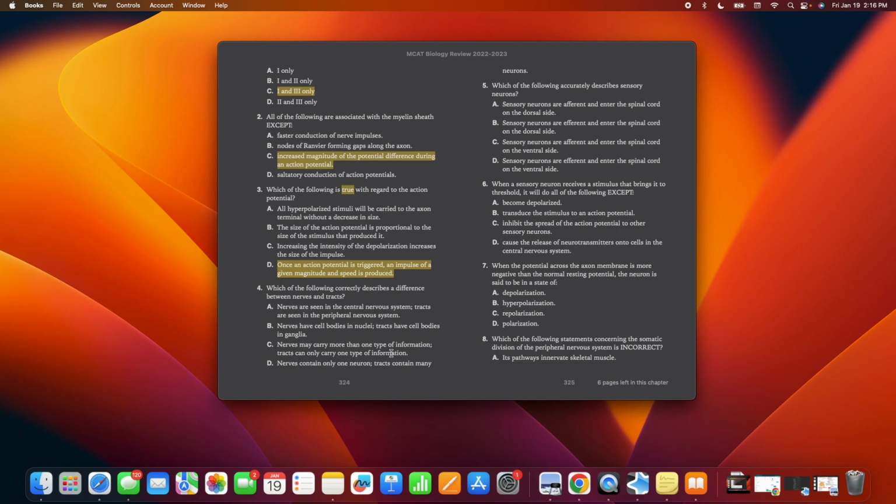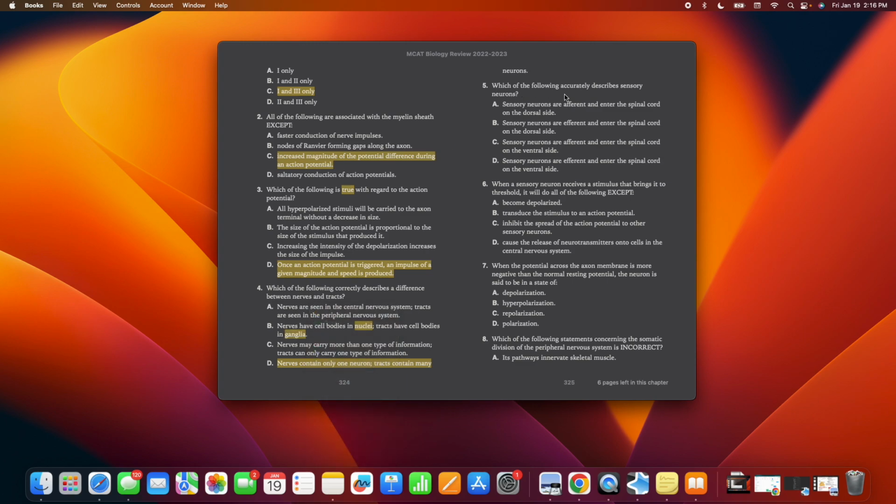I think it's also the opposite. Nerves contain only one neuron, tracts contain many neurons. I think that's about the answer. And what was wrong with B? Nerves have cell bodies in nuclei, tracts have cell bodies in ganglia. Yeah, the nuclei and ganglia, we didn't go too deep about it, so we can study these two.